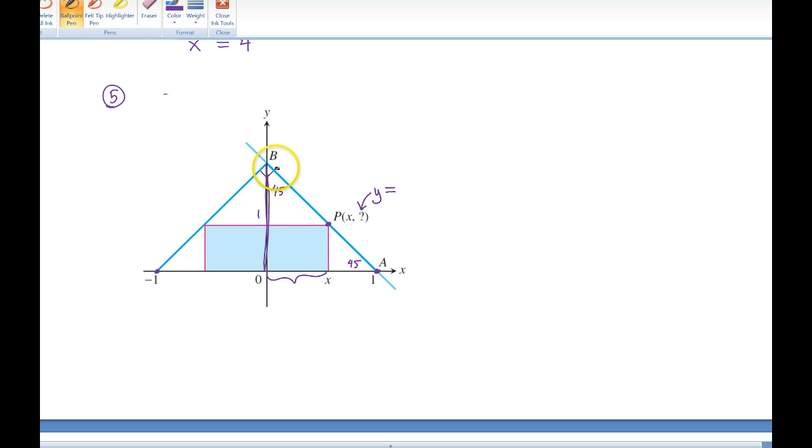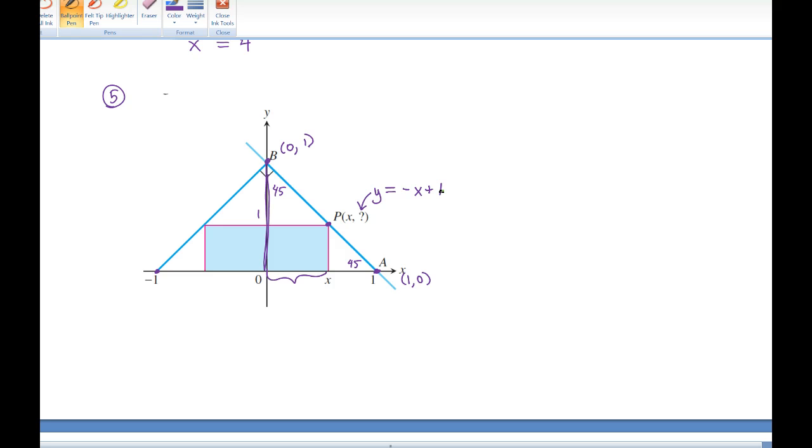Now, why did I talk about this length? Well, this is going to be the point (0, 1). So if I have 2 points, (0, 1) and (1, 0), I can write the equation of that line. That line has a slope of negative 1 and a y-intercept of plus 1.